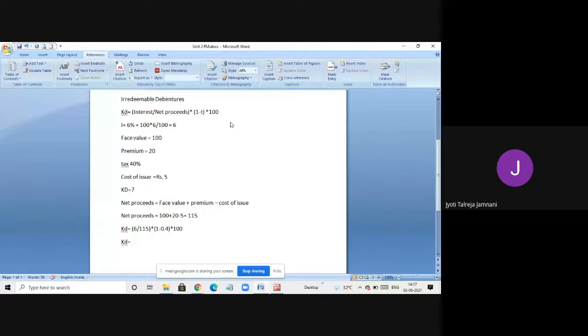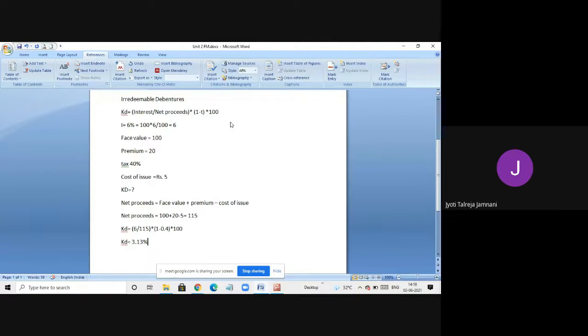So let's just check what would be the answer. 6 divided by 115 into 0.6, because 1 minus 0.4 is 0.6. So you get 0.03130 recurring, into 100, it is 3.13%.